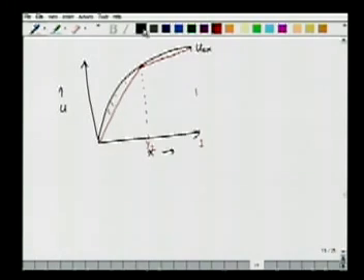So for that, what do I do? I will introduce more points in the domain. So earlier I had these 3 points, x0, x1, x2. I am going to add another 2 points such that they divide. I will call it x2. This point is x3, this point is x4.